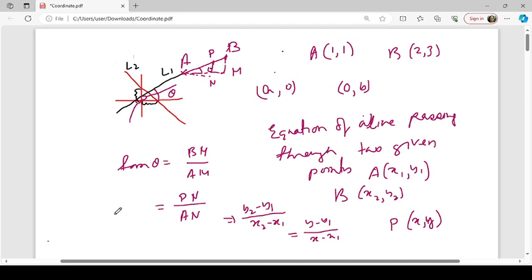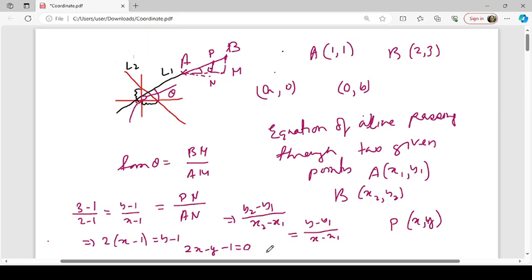So it is 3 minus 1 by 2 minus 1 equals y minus 1 by x minus 1. After simplification, 3 minus 1 by 2 minus 1 is 2, so 2 into x minus 1 equals y minus 1. So we have a first degree equation in x and y: 2x minus y minus 2 plus 1, that is minus 1, equals 0. So this is the equation of the straight line.